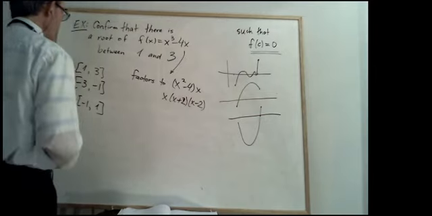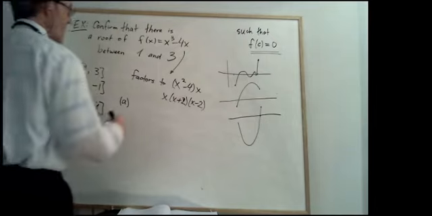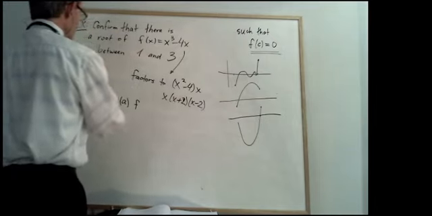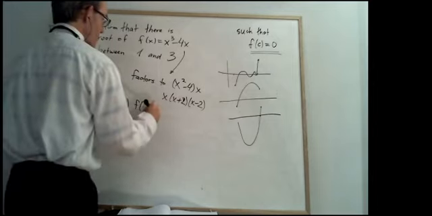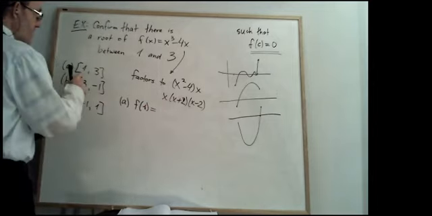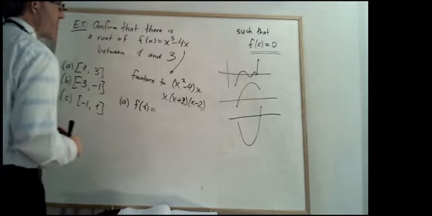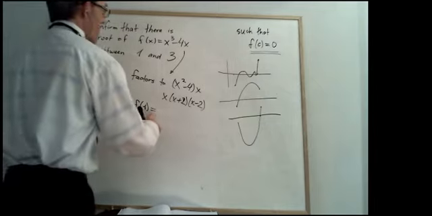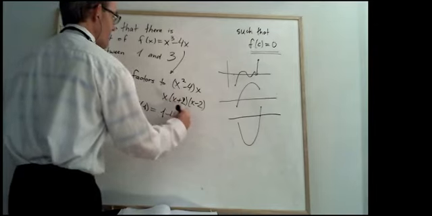Let's call them A, B, and C. Okay, so you simply evaluate the function at the 2 endpoints of this interval. At x equals 1, you'll get 1 minus 4, which is minus 3.